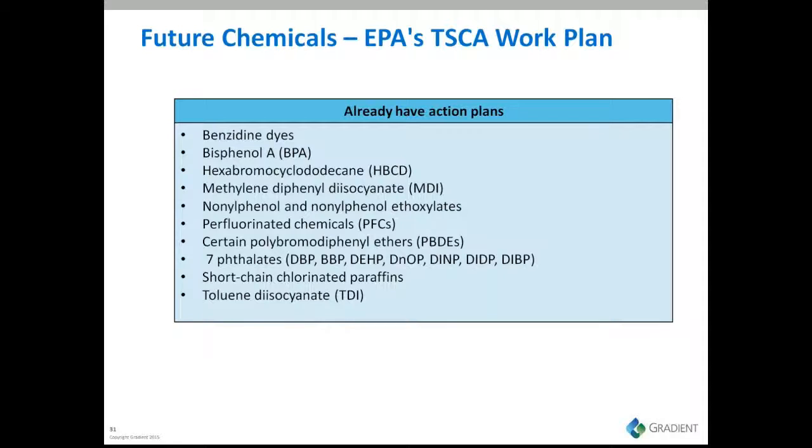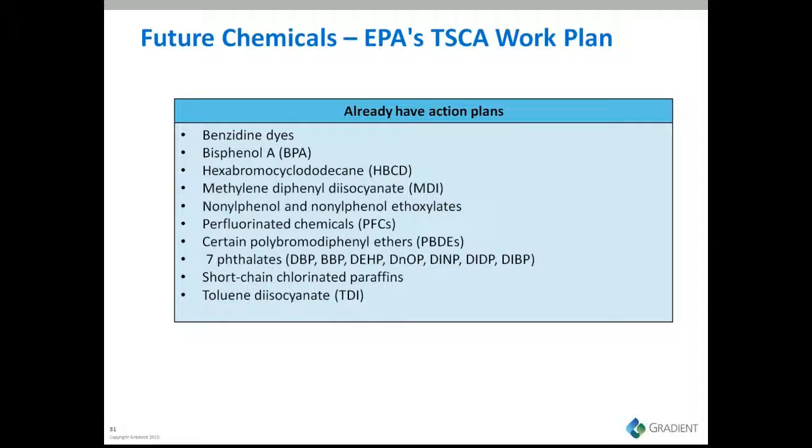I guess for this group, maybe most significantly would be bisphenol A and maybe the phthalates, shown third from the bottom there. The focus of the action plans here is both regulatory limitations. So under TSCA, EPA has for certain phthalates, for example, and BPA tried to find ways to limit the use of some of these chemicals. They've also implemented alternative assessment processes to see if there are alternatives that could be suggested to industry to use on a voluntary basis.